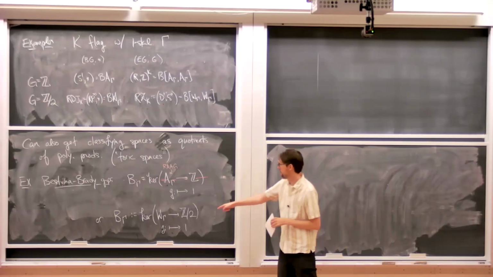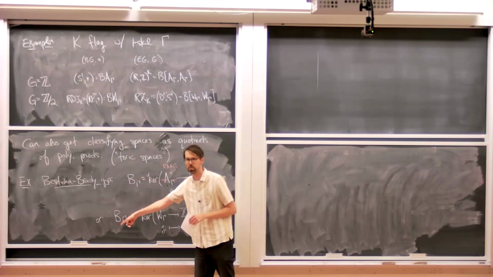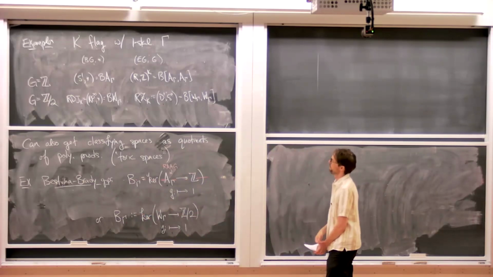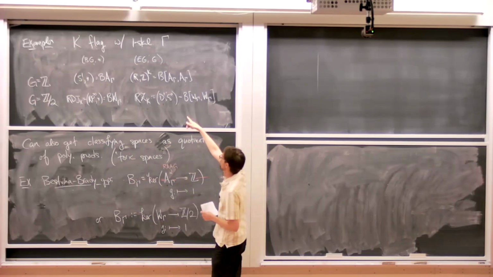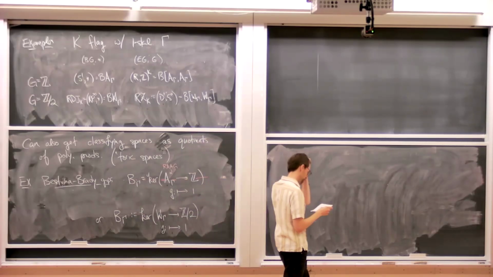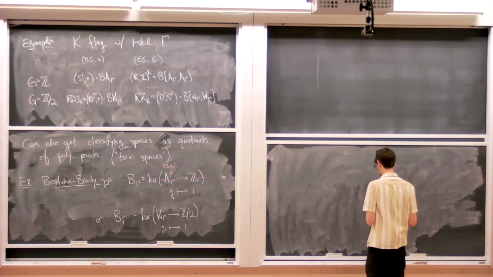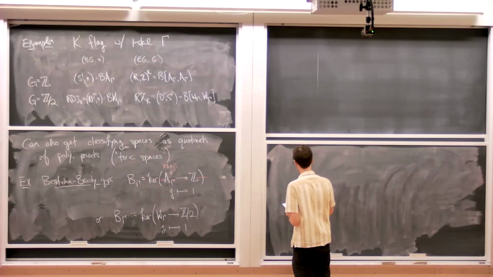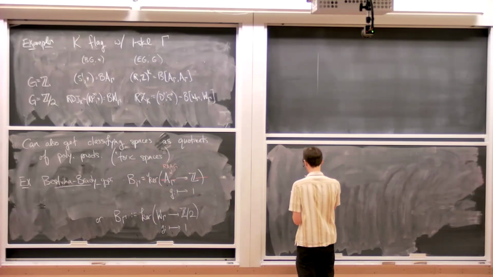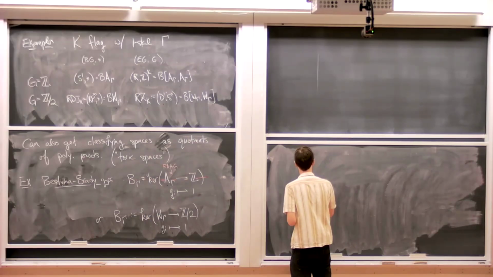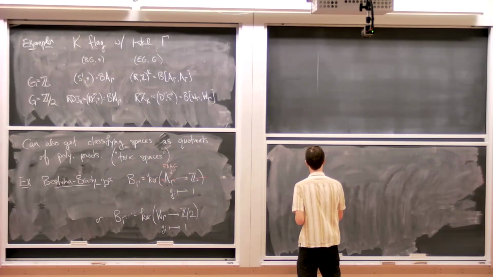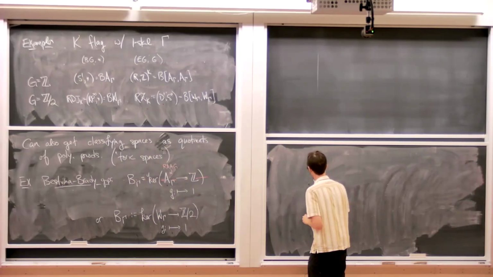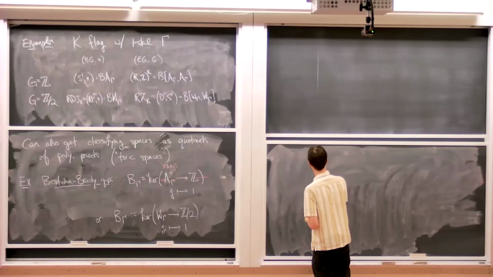Okay, so let's try to get a classifying space B of the Bestvina-Brady group by thinking of quotients of this space. You might remember from the first lecture, a diagram I drew like this. I'll start with my real moment angle complex and the fundamental fibration that it sits in, mapping to Davis-Januszkiewicz.